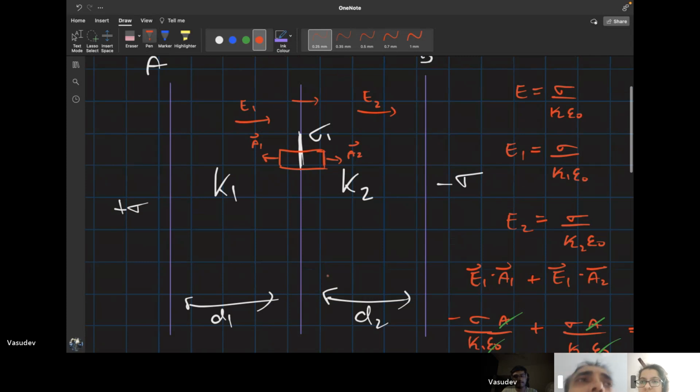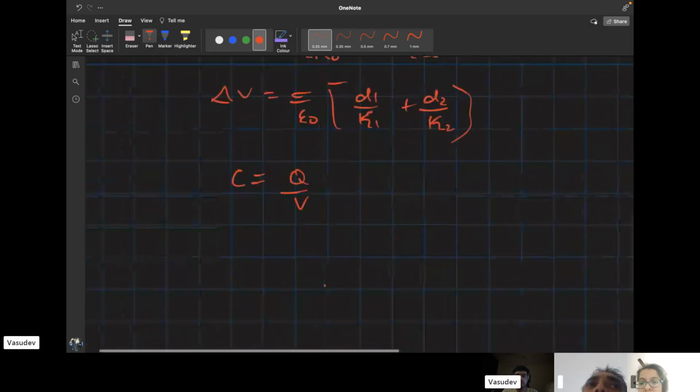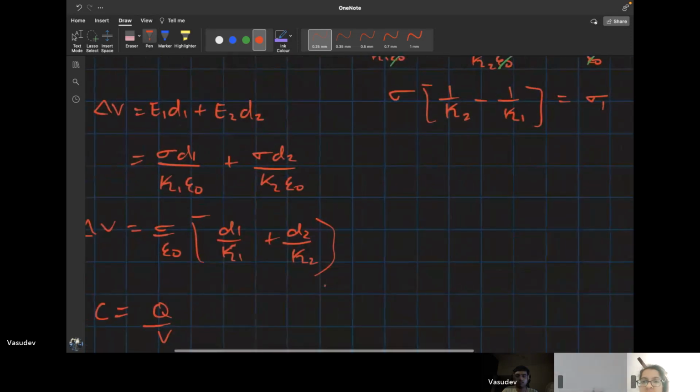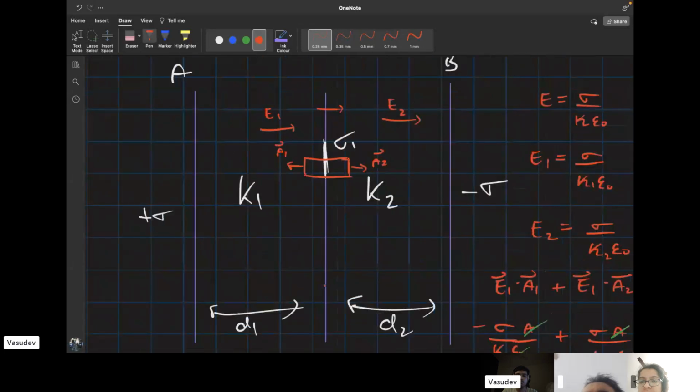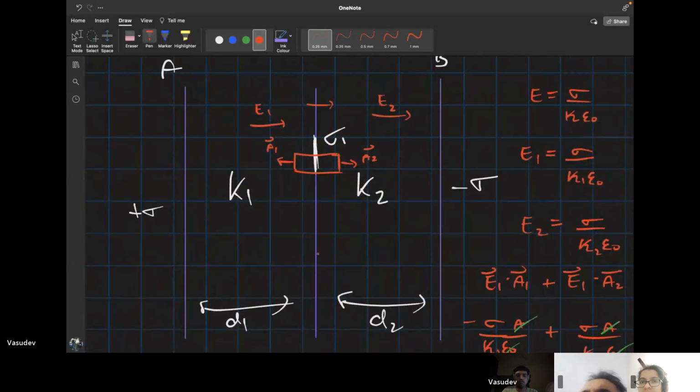That brings me to another question, Vasudev, which I leave you as food for thought. Let us say that I'm having plates of the capacitor filled by two dielectrics, rather three this time. Two I have taken already, so three this time.